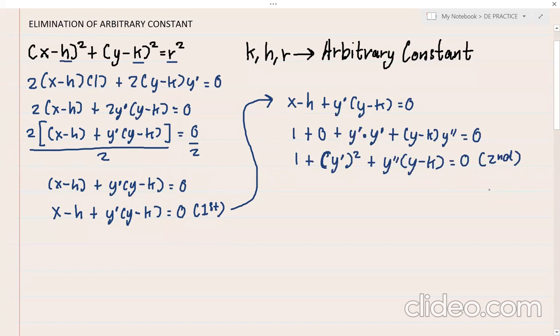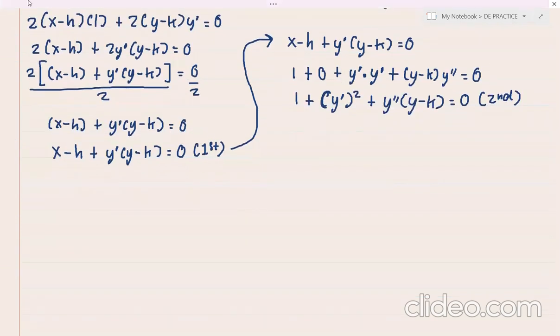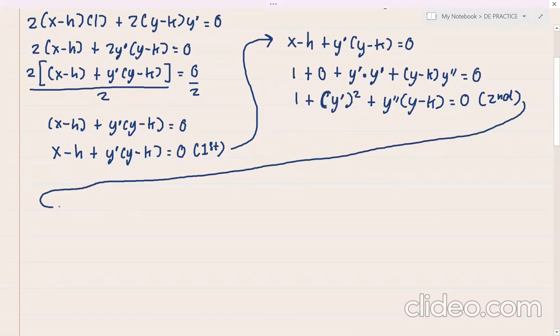But again, we're not done yet. Why? Because we will differentiate the equation thrice, right? So, meaning, we still need to get the third derivative. So, I will start from here. Let's copy this second derivative: 1 plus the square of y prime plus y second prime times quantity y minus k is equal to 0.